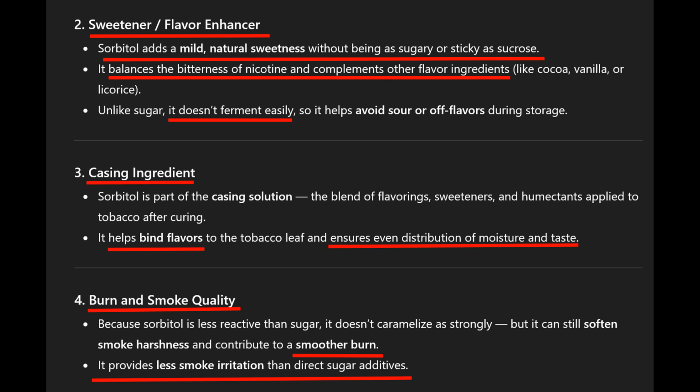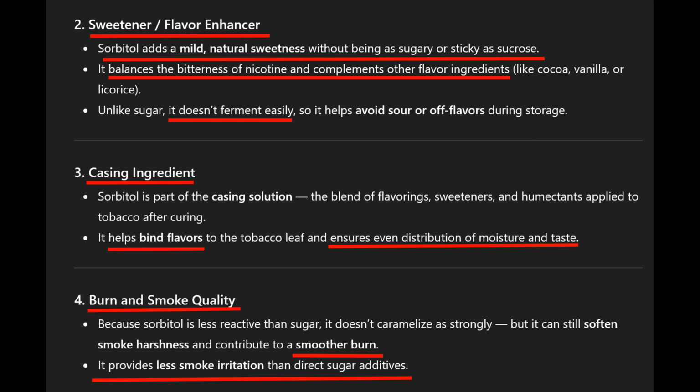Third, casing ingredient. It helps bind flavors, ensures even distribution of moisture and taste. Fourth, burn and smoke quality. It's for a smoother burn and provides less smoke irritation than direct sugar additives, which is again important.